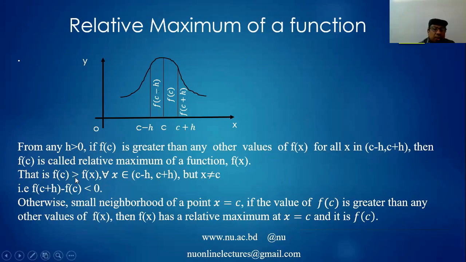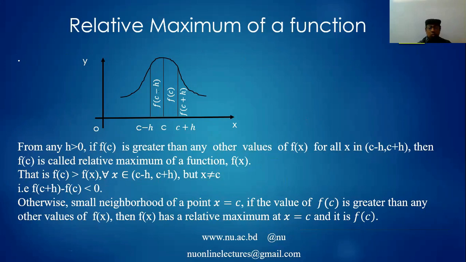That is, f of c is greater than f of x for all x belonging to this interval c minus h, c plus h. But you have to remember it, x not equal to c. Don't forget it.